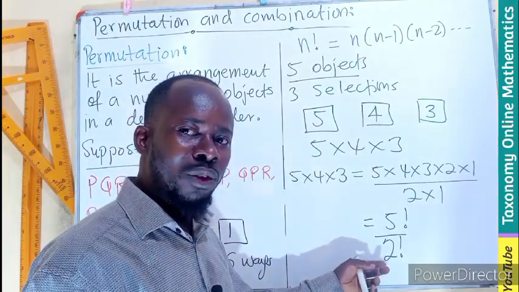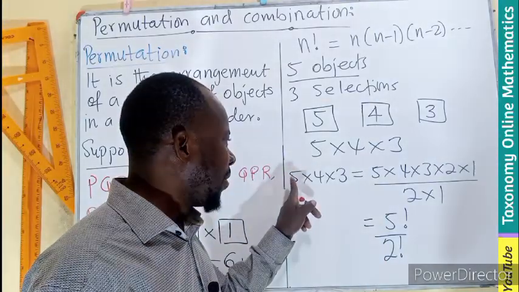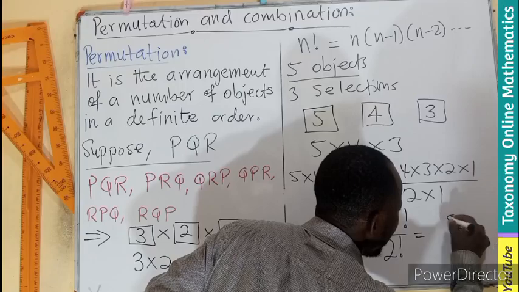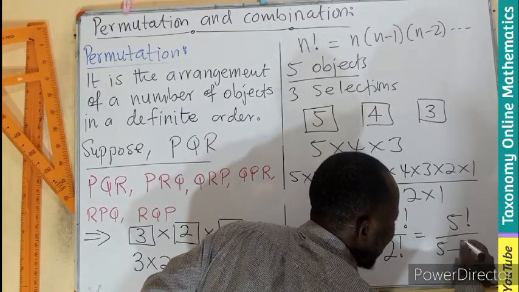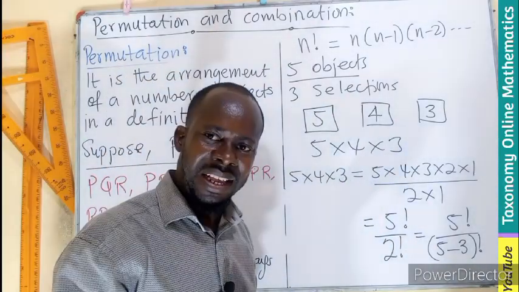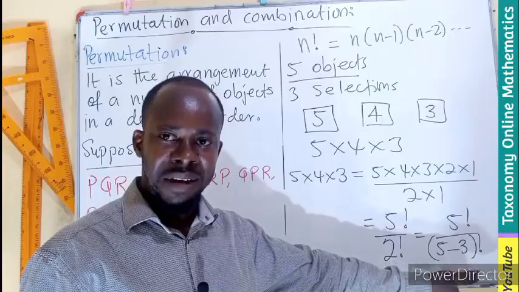If I look at it, it is 5 items taken 3 at a time, so this will give me 5 factorial over 5 minus 3 factorial. 5 minus 3 gives me 2, so this 2 is the same as 5 minus 3.